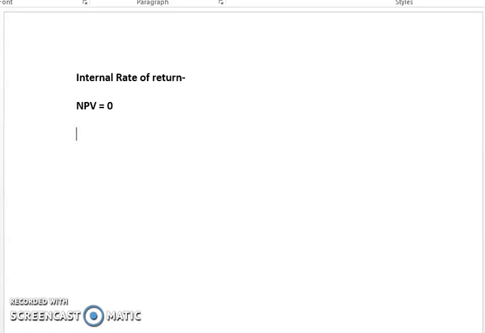So what would be the method for uniform cash inflows and for non-uniform cash inflows? First we must understand how we calculate when there are uniform cash inflows. When the cash inflows are uniform for all the years of the project, we use the annuity table: the annuity present value of 1 rupee table for the number of years given, and we calculate based on that.